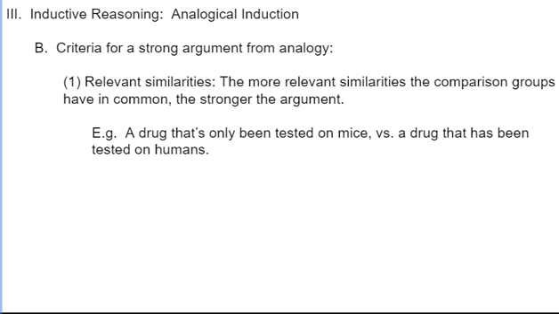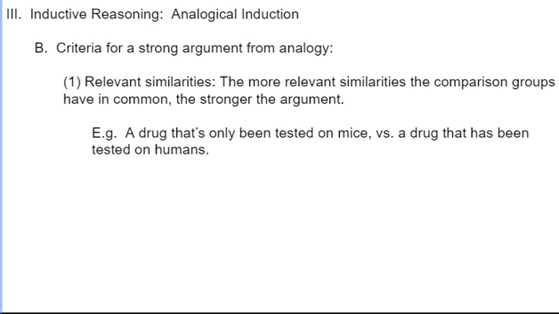So a drug that's already undergone human trials is much more reliable and much more predictive of success than a drug that's only undergone mouse trials, right? You see the difference? Humans have more relevant similarities, right? So our comparison groups are humans that have been tested in the past successfully with this drug, right?